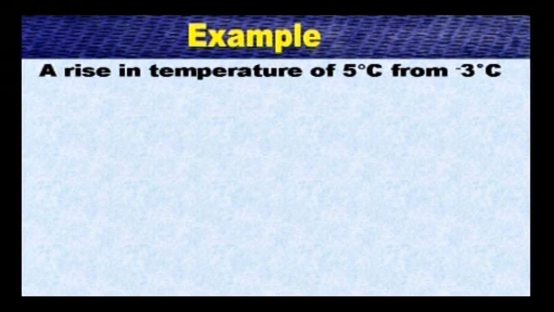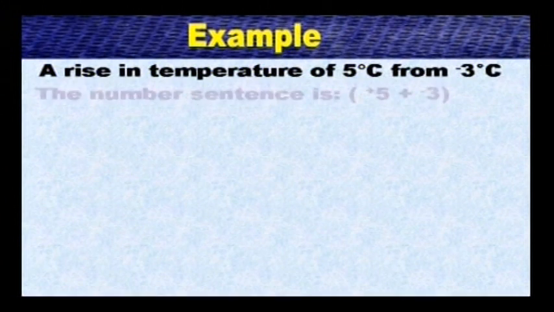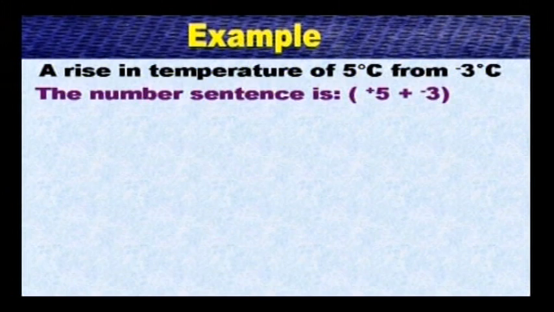A rise in temperature of positive 5 degrees Celsius from -3 degrees Celsius simply means positive 5 plus -3.